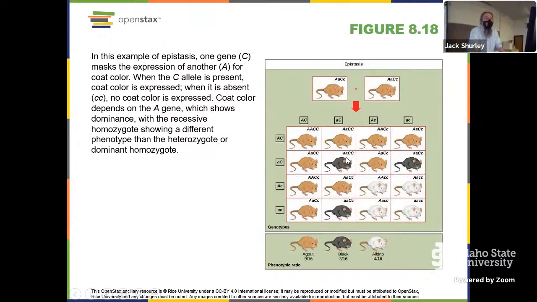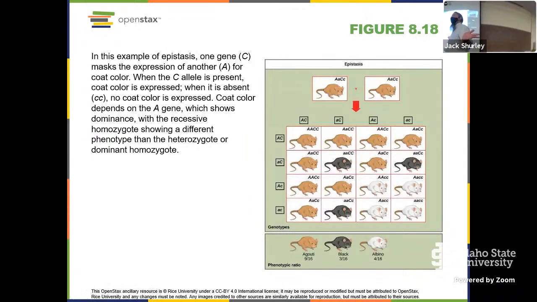There are 3 ways. The 2 lowercase a's gives us the black mouse, right? So big A, brown, little a, black. Little c's, all of these white mice, the albinos, all of these, doesn't matter what the A says, the little c's, 2 of them are there.